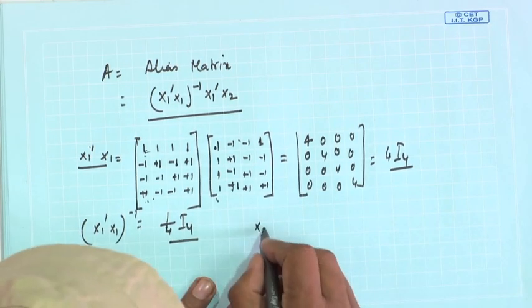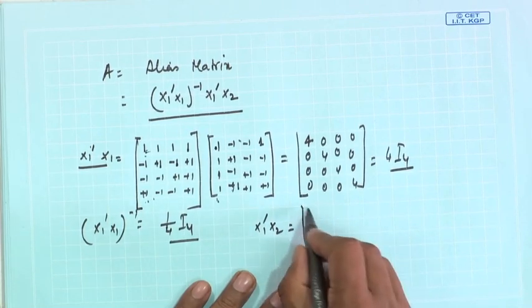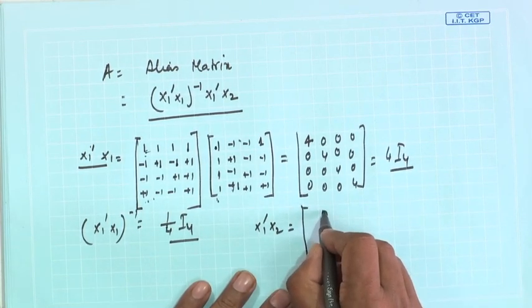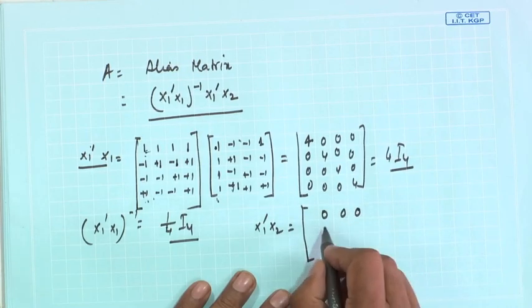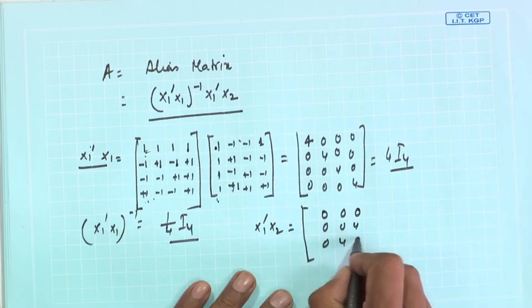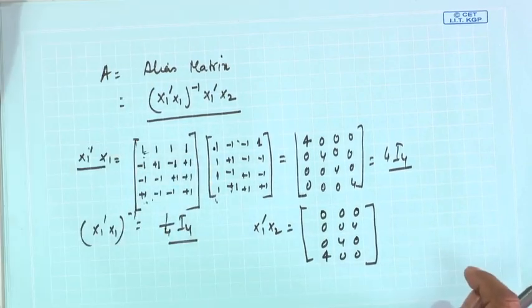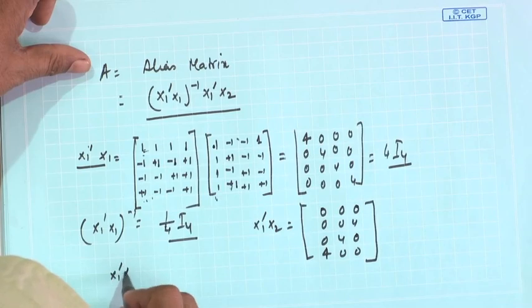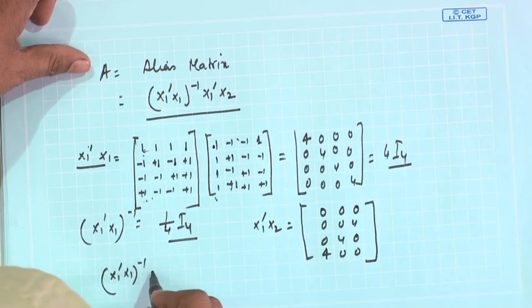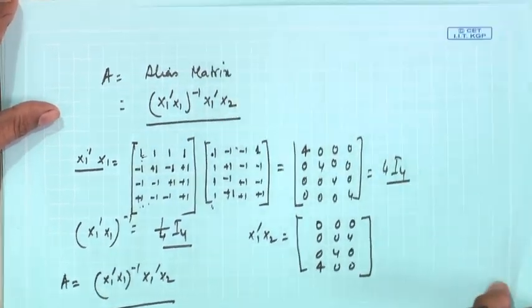In the same manner you will find the x1 transpose x2 value, which will be 0 0 0 0 0 4 0 0 4 0 4 0 4 0 0. Now, if you multiply x1 transpose x1 inverse x1 transpose x2, which is the A matrix, what you will be getting is of importance.